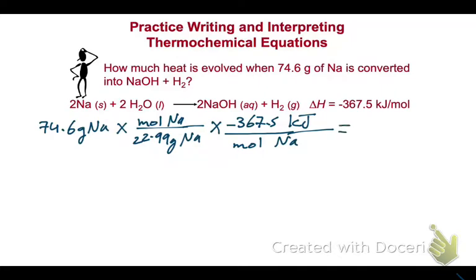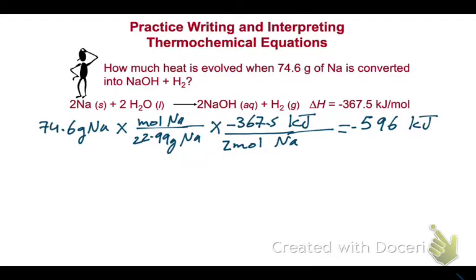If I do the math, taking into account that I need 3 sig figs, I'm going to say 74.6 divided by 22.99 multiplied by 367.5, which is for 2 moles of sodium, and divided by 2. That gives 596, and this is a negative kilojoule.